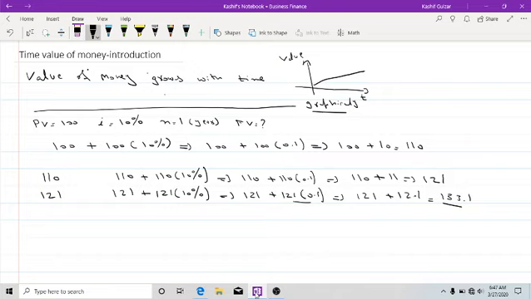Another way of doing this is using a timeline. So what is a timeline?